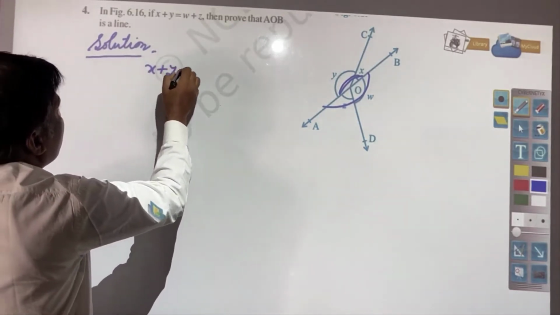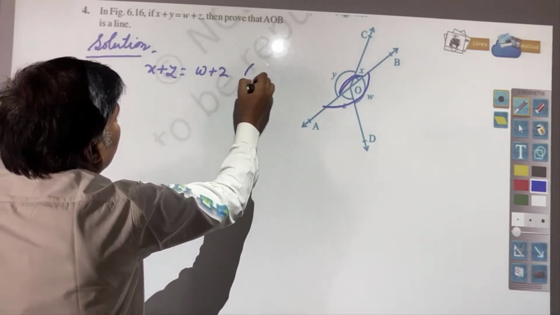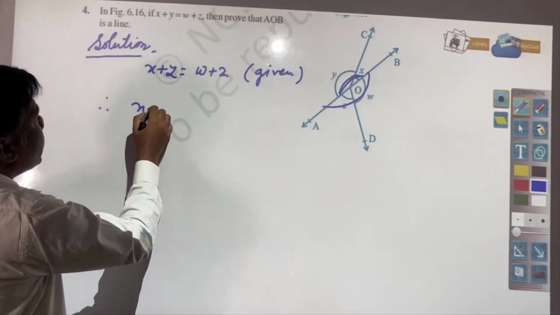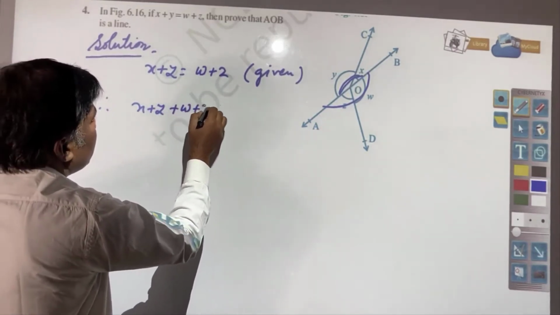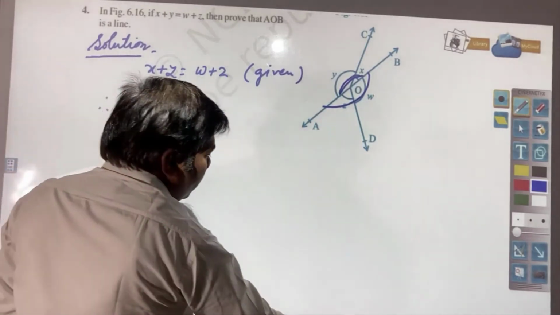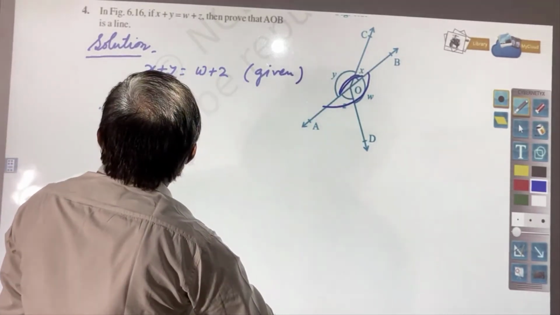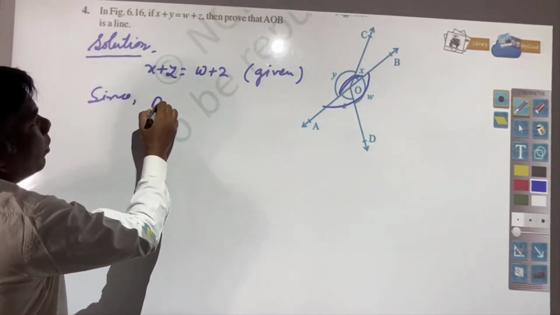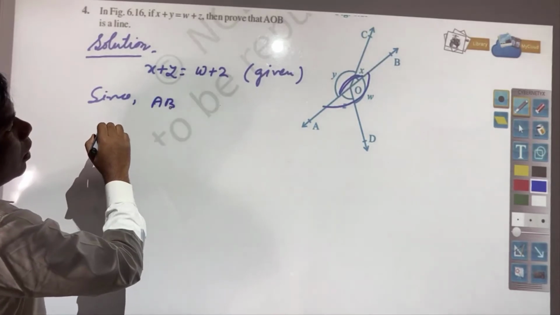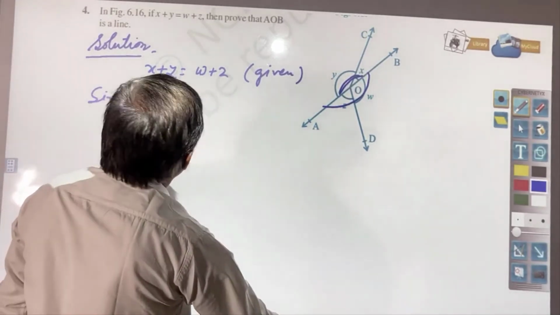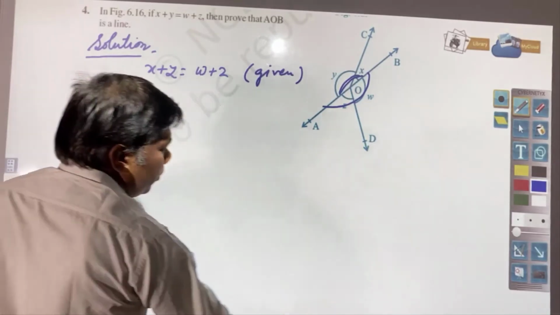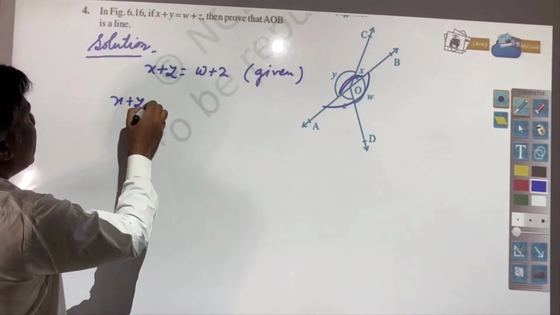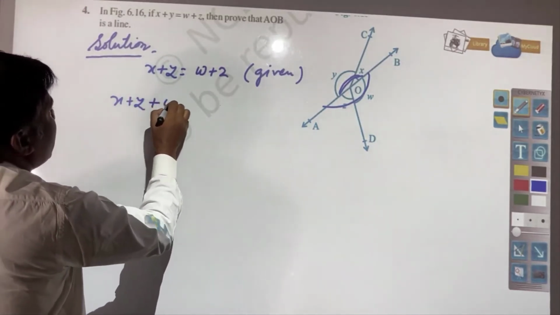x plus y is equal to w plus z, that is given. Therefore, x plus y plus w plus z, since AB is a line, simply you can write x plus y plus w plus z.